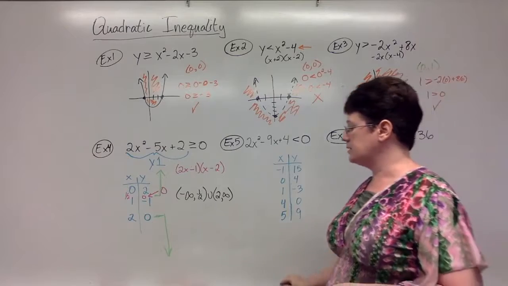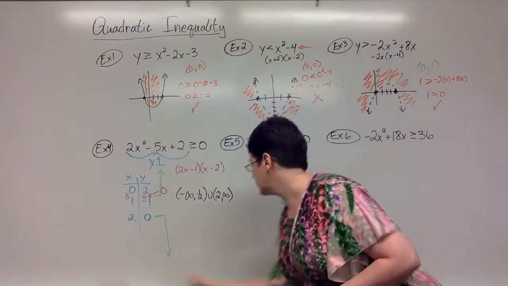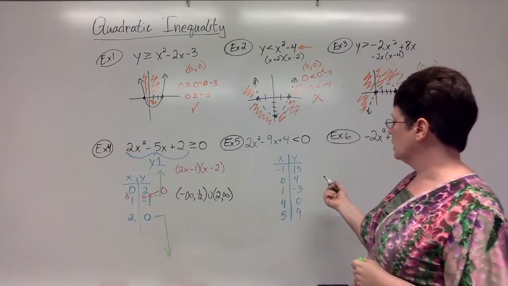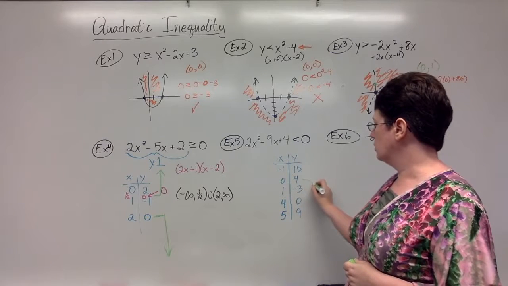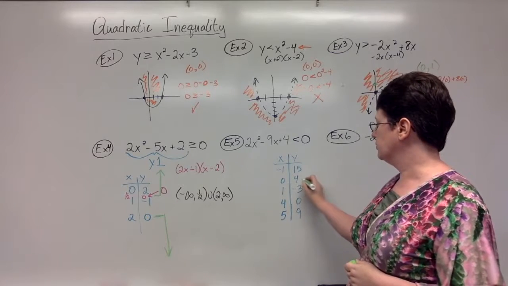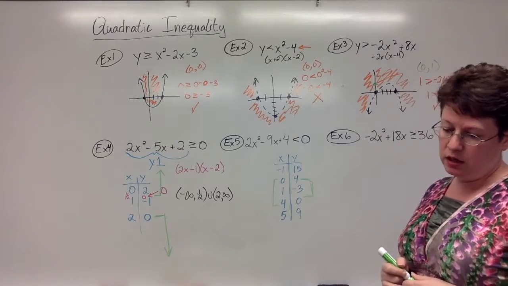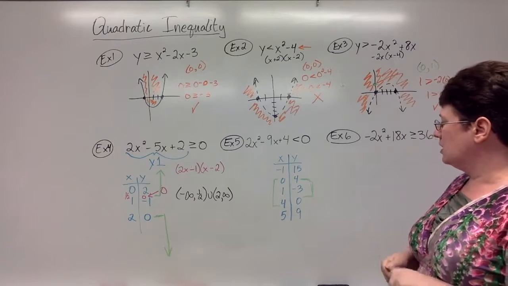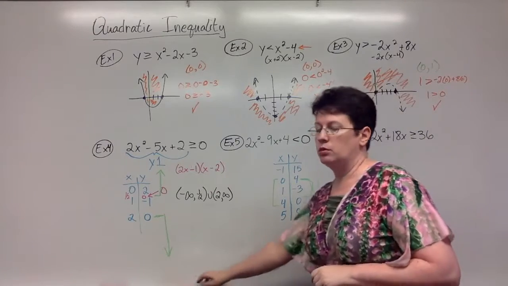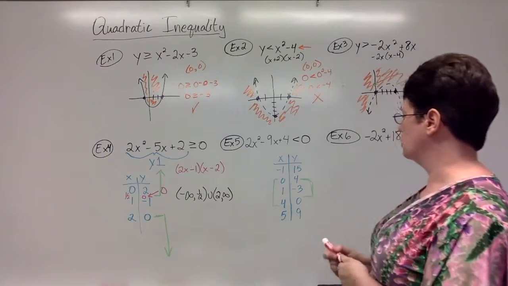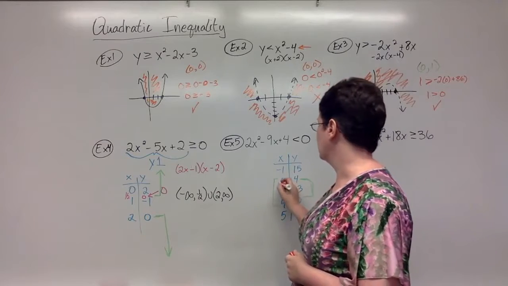Now, in this equation, or inequality, they're asking us for what? Where is it less than 0? Less than 0. So, it's less than 0 right in here. Right? From 0 to 4, it is less than 0. Well, where is it equal to 0? We would have to factor it or use quadratic formula, and your guess is right.